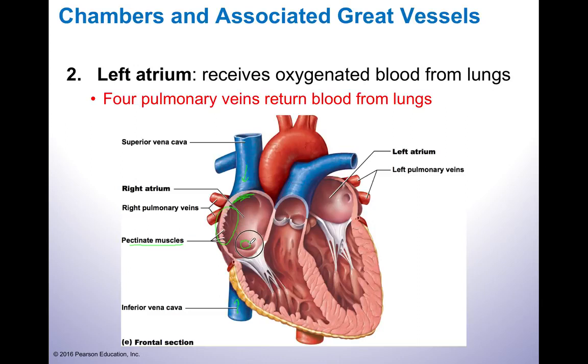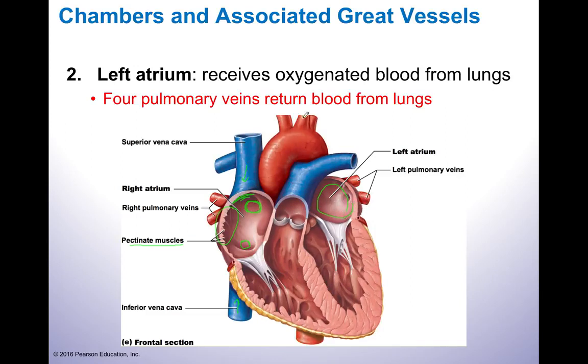This is the entrance to the right atrium from the inferior vena cava, and this one is the entrance for the superior vena cava. They don't show the coronary sinus because it's relatively small, but it also comes in on the superior aspect of the heart.